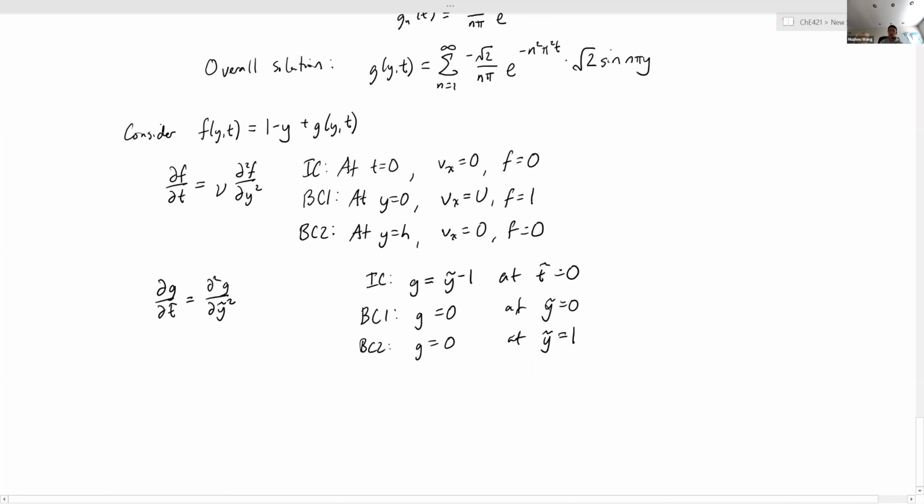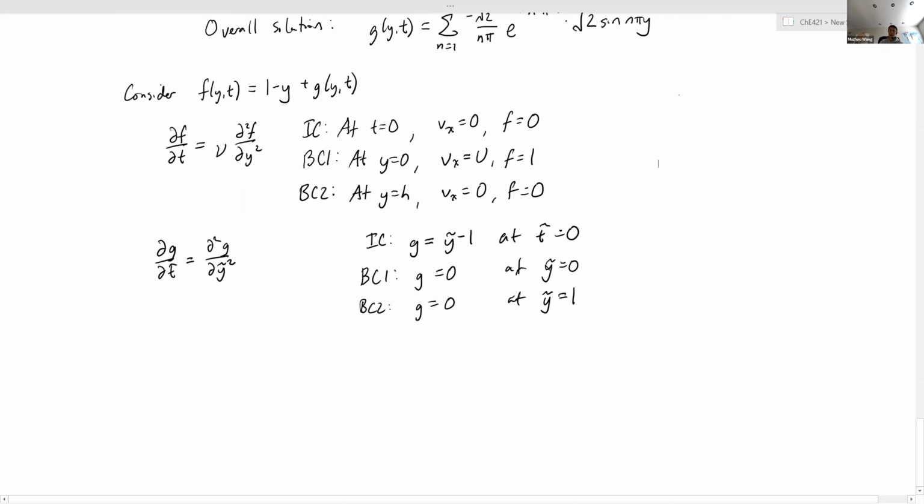Okay. df dt is just equal to, well, the right-hand side of this derivative. That's just equal to dg dt, right?